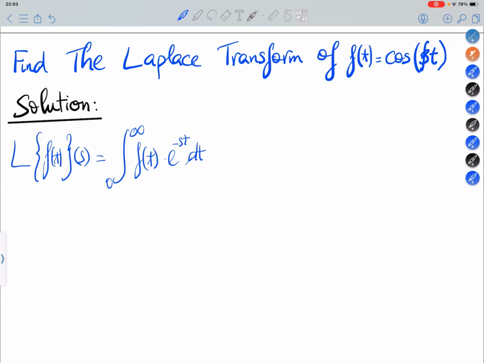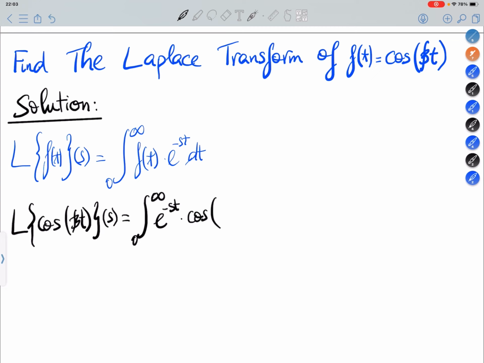So in our case, the Laplace transform of cosine of beta t would be the integral from 0 to infinity of e to the power minus st times cosine of beta t dt.